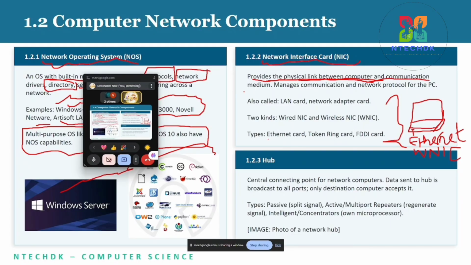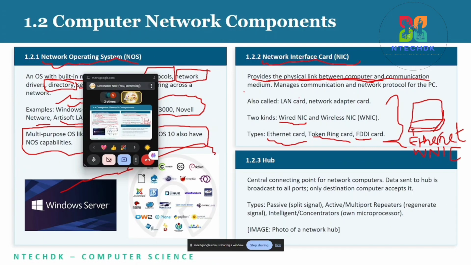So you see, you have types here: Ethernet card, token ring card, and frequency division duplexing interface card, right? These are the various types you can have, and you basically have two kinds: wired and wireless. Yes, wired and wireless. Beautiful. So take note of that, right?